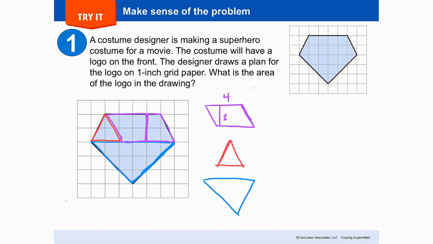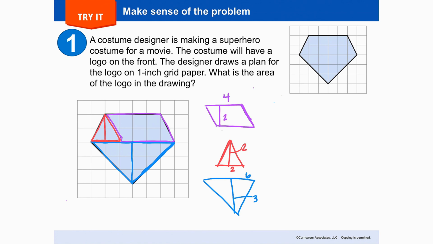Now I'm going to look at my triangle here, and I see that the base is worth 2 units, and the height is also worth 2 units. And my last triangle, I can see my base is worth 1, 2, 3, 4, 5, 6, and the height from the bottom of the shape to the top of the shape is worth 3.